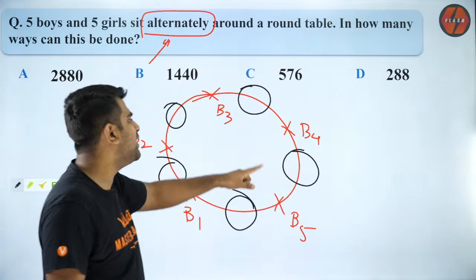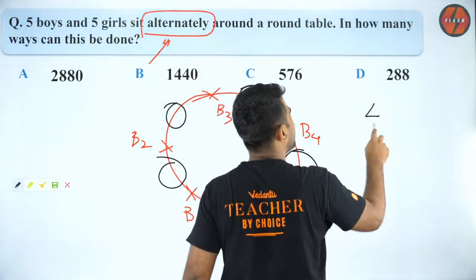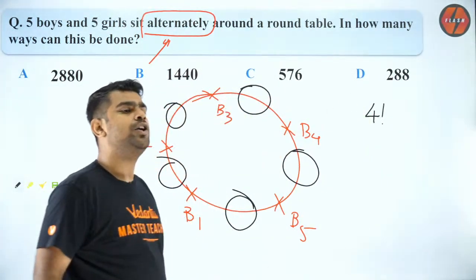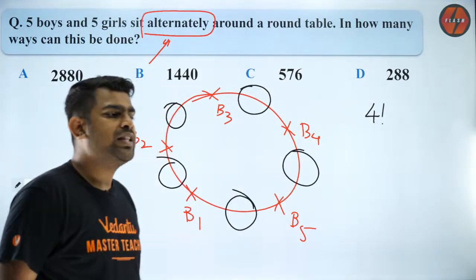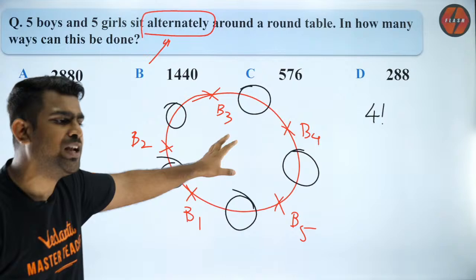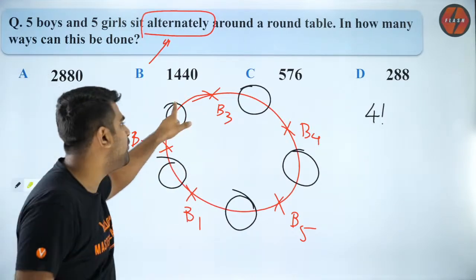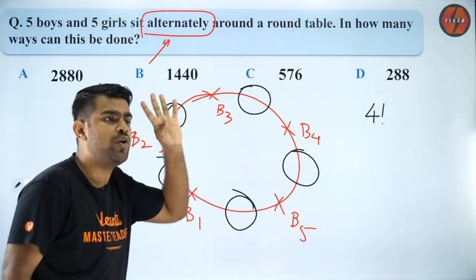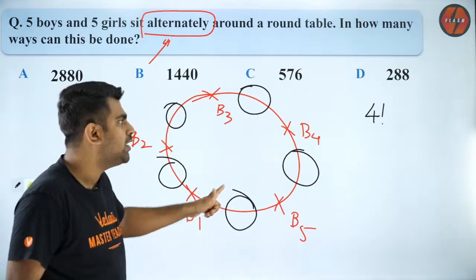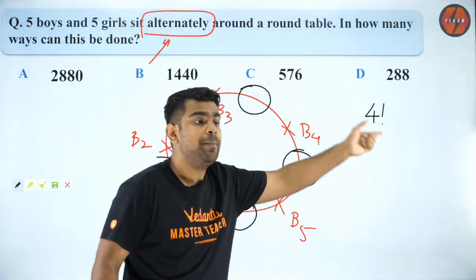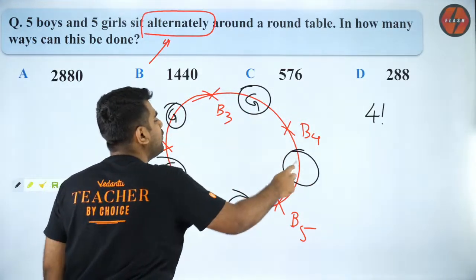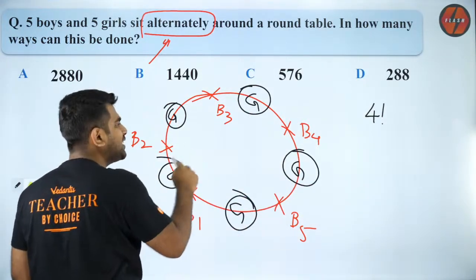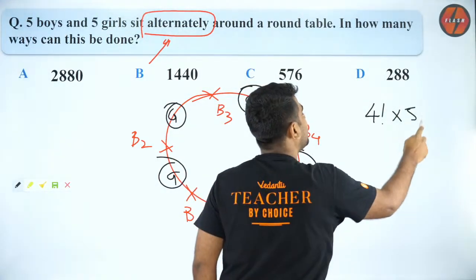So how many ways can the boys sit? The boys can sit in 4 factorial ways. Do you agree with me on that? Because the boys are first seated on a circle, right? So 5 boys on a circle will be 4 factorial. But now I have to make the girls sit. The girls have 5 places and the girls can sit in 5 factorial ways.